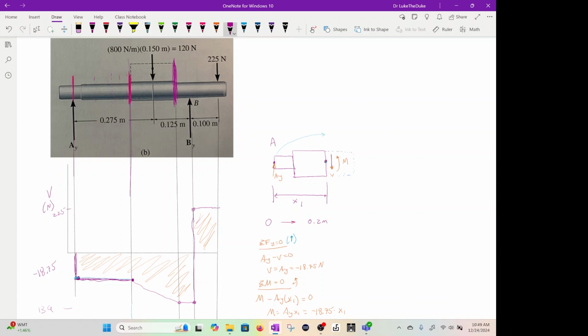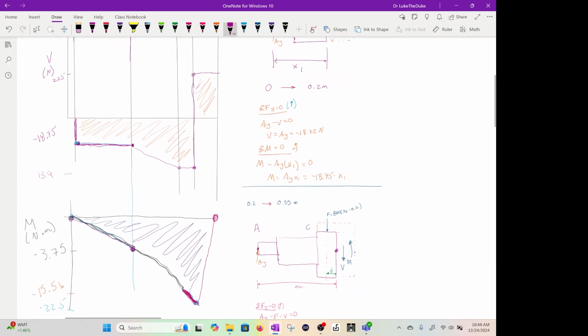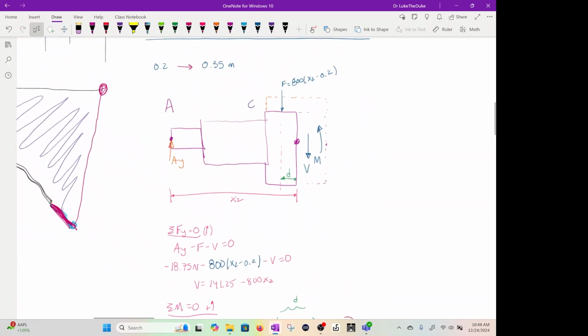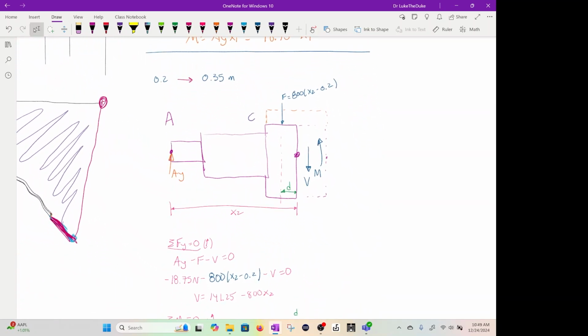We're now looking at the section where the weighted distribution is. So again, let's zoom right in here. We draw our sketch. We label our x2, which is this distance here from AY.